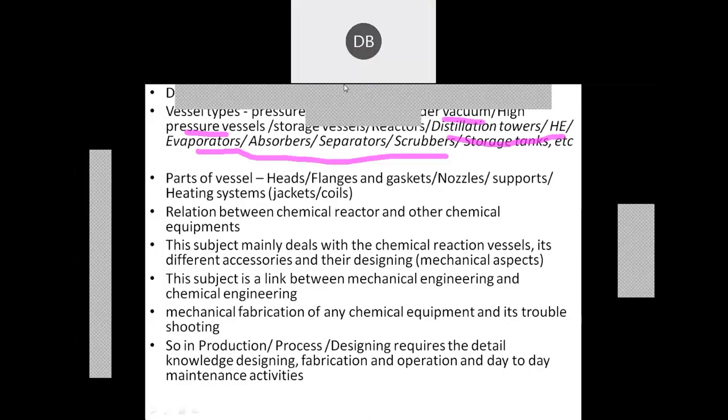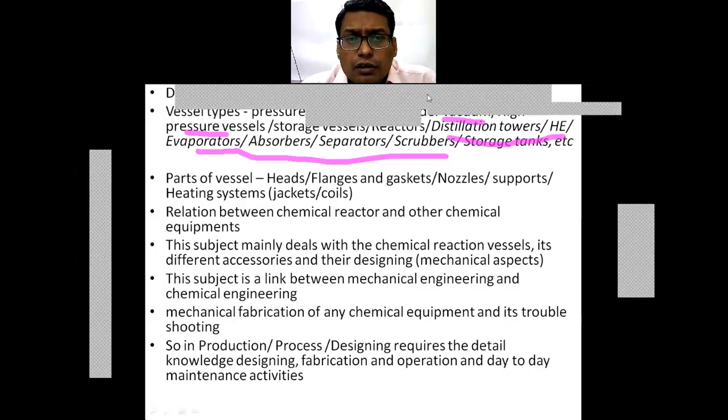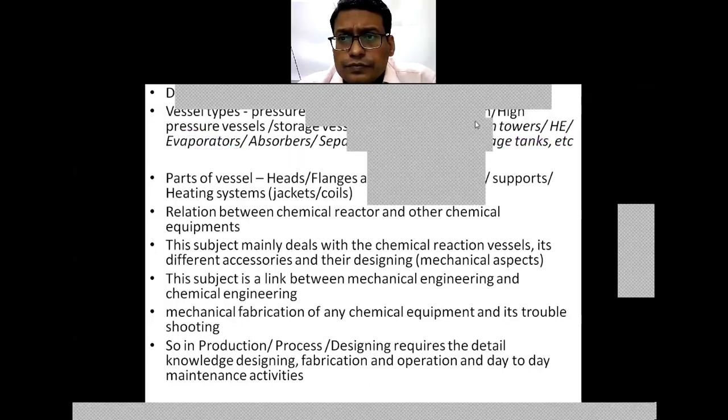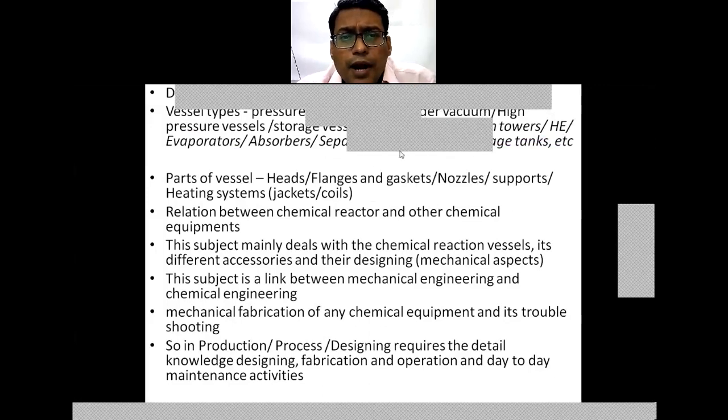So all these are the different parts of a vessel, that is our heads, flanges and gaskets, nozzles, supports, and certain heating systems, whether jackets or coils.